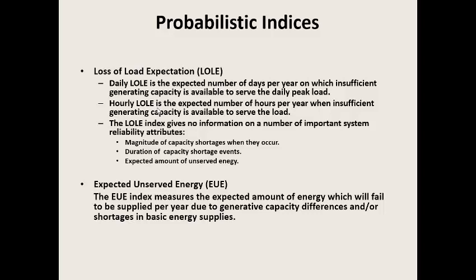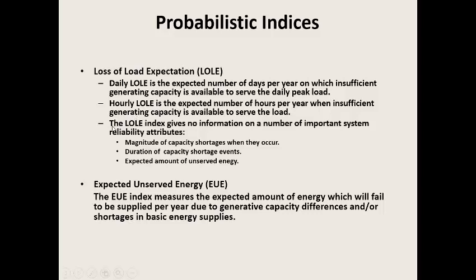So this will consider all the hours of the year for the load. Therefore, it's a lot more comprehensive in incorporating the changes in the load shape and their impact on the reliability of the system.